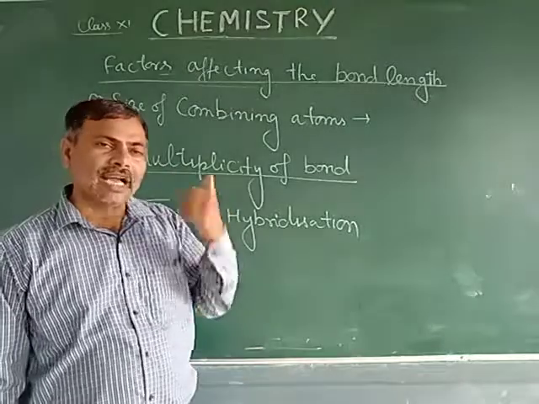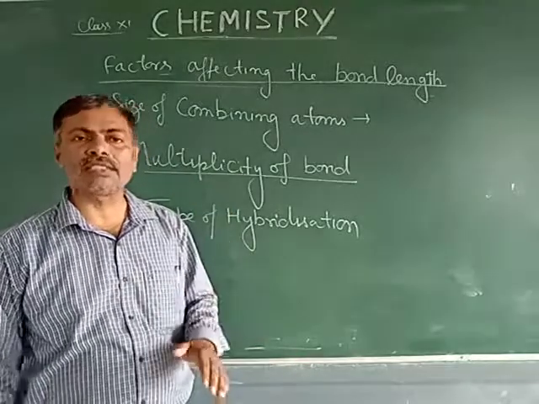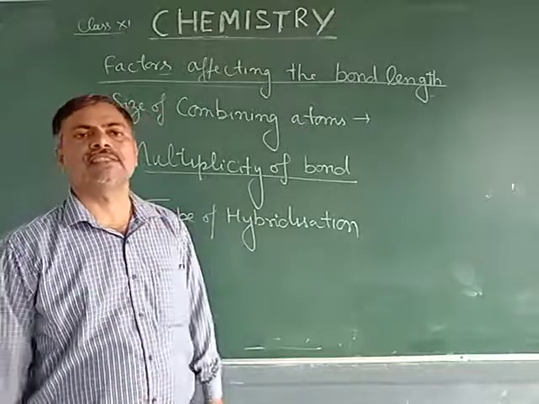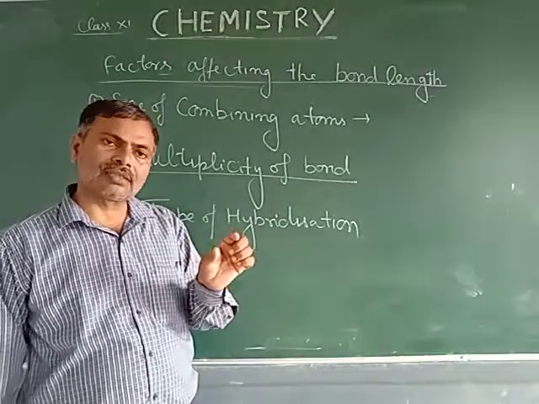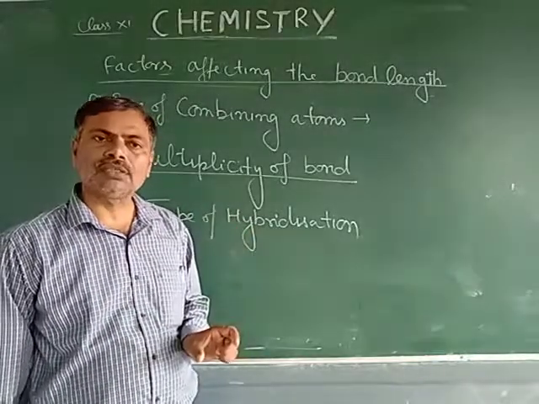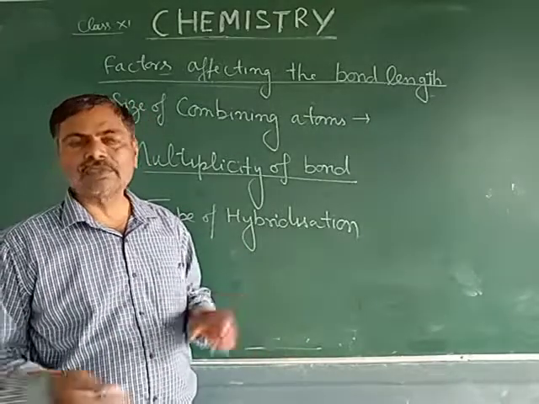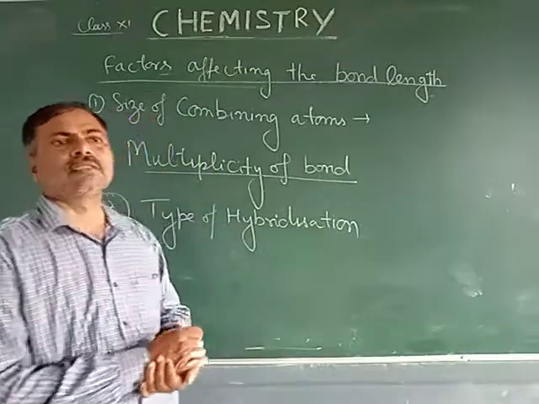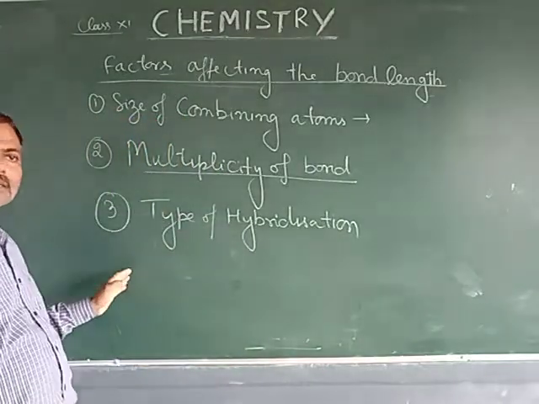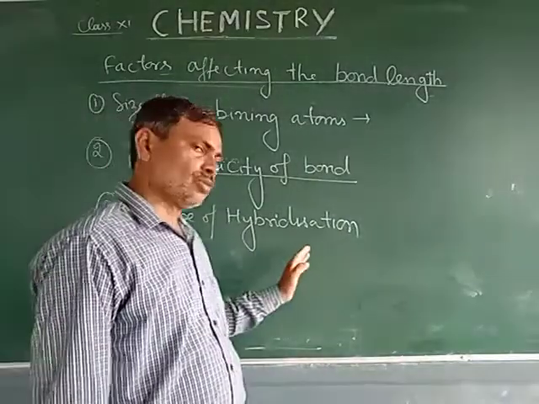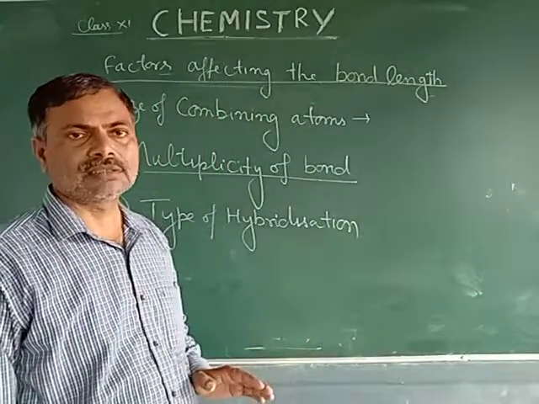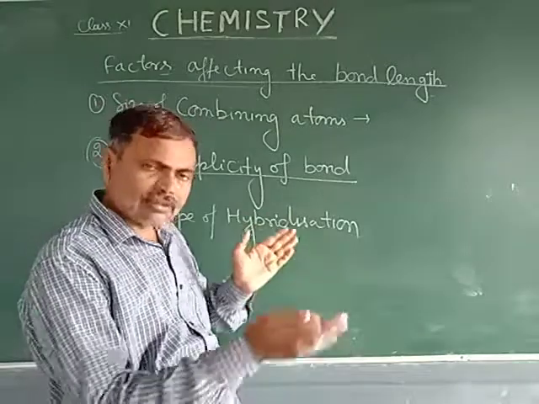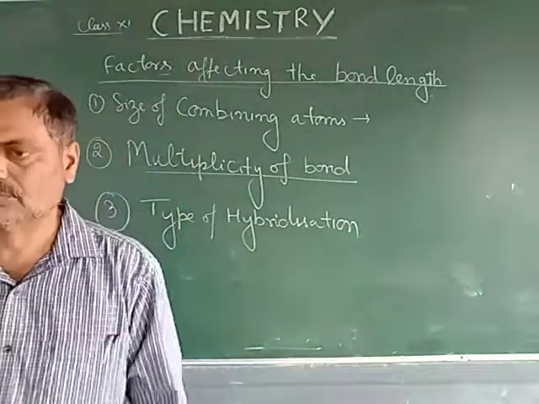As the number of pi bonds increases, bond length will decrease. And type of hybridization: if there is more s character, electronegativity will be more and bond length will decrease.